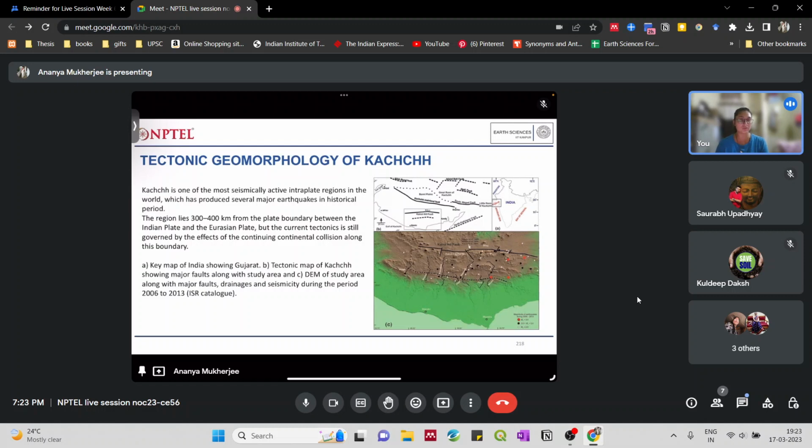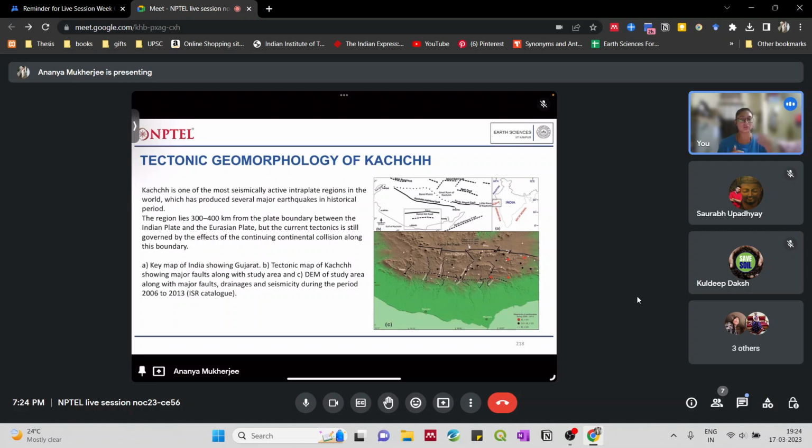The Rann of Kutch forms in an arid region. It is dry and there are a lot of aeolian deposits present there, but it is also seismically active, though not at a plate boundary. The area that we deal with in the Kutch region is actually an intraplate region.